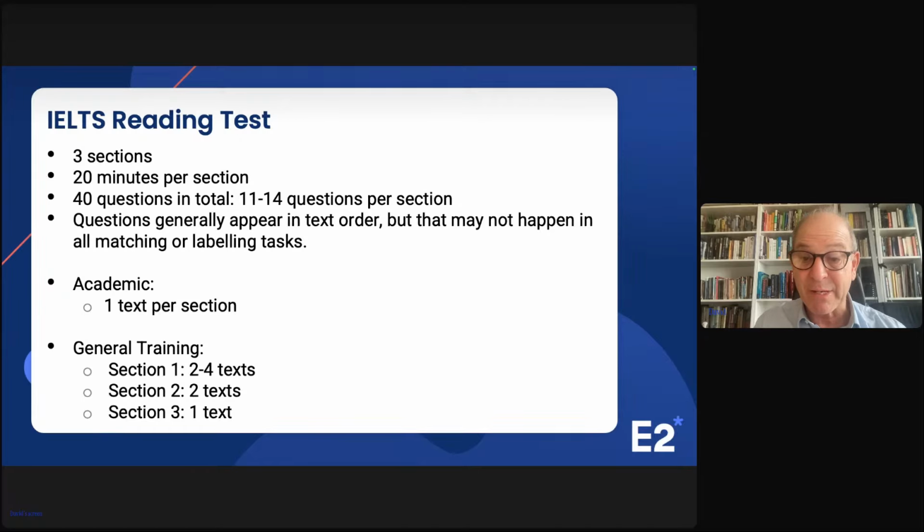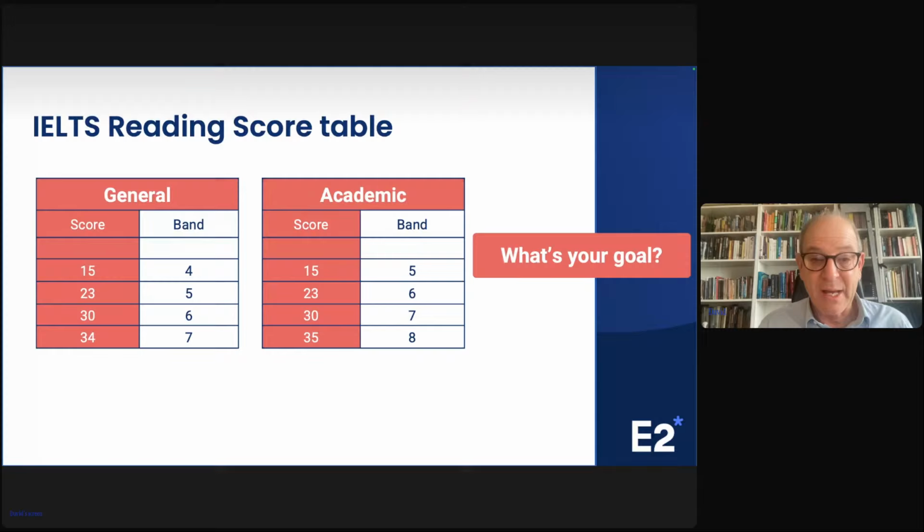Questions generally appear in text order, in the order that the reading text outlines, but may not happen in all matching or labeling tasks. So be aware of that. In the academic test, there's 1 text per section, and in the general test, there's a variety of numbers of text in each section. But we're going to get a method for each of the task types.